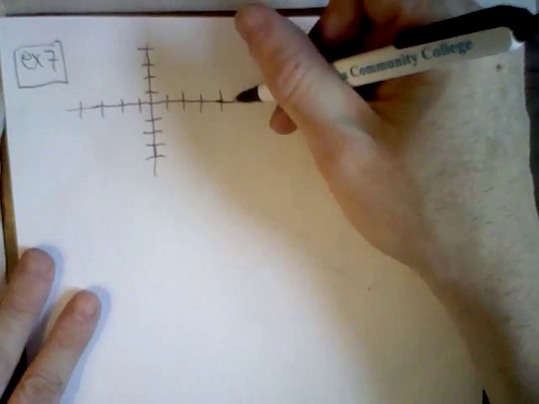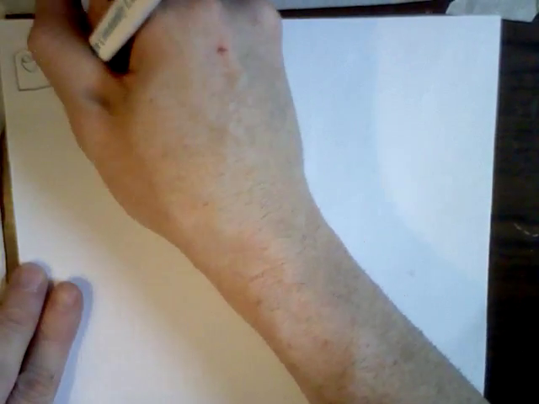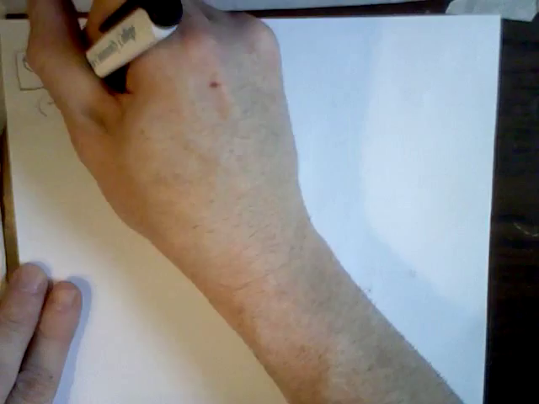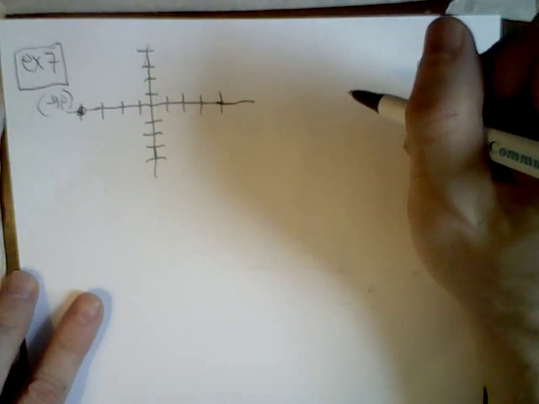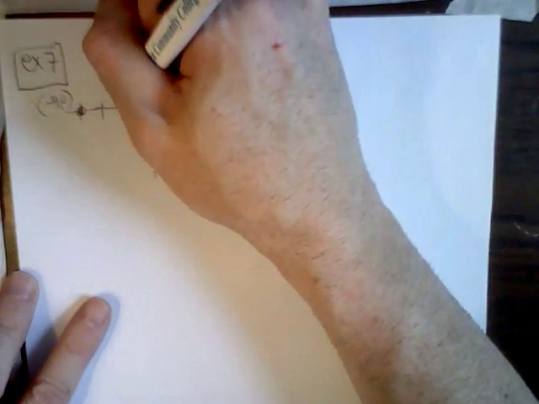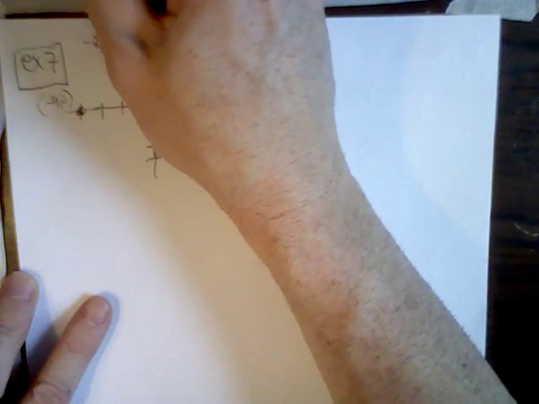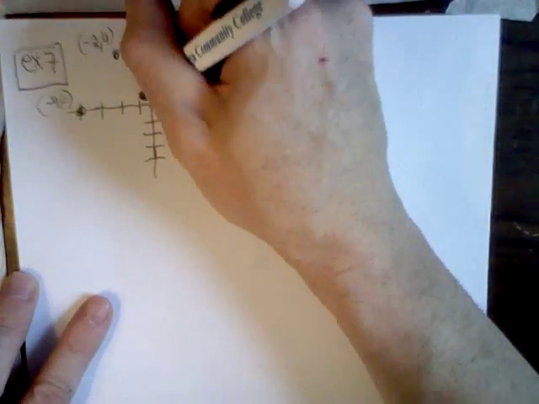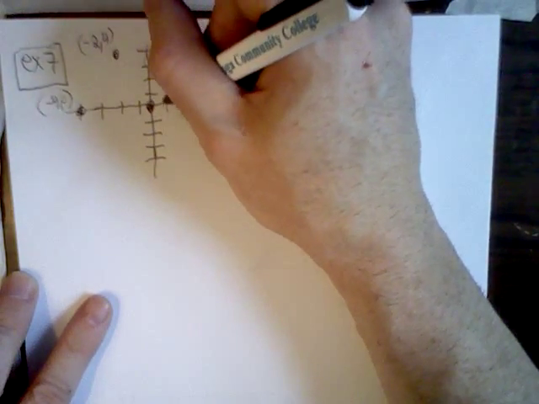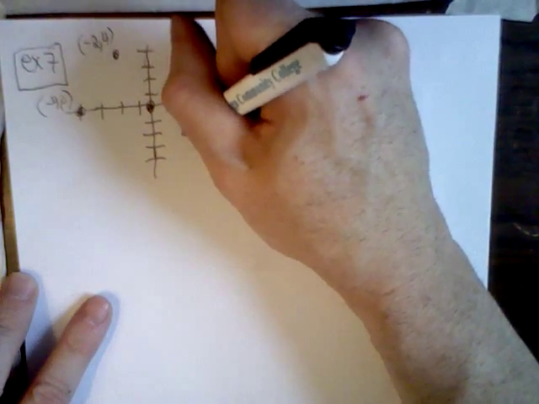Okay, so the points: I have negative 4, 0. I'll have negative 2, 4. We have 0, 0. We'll have 2, negative 2.